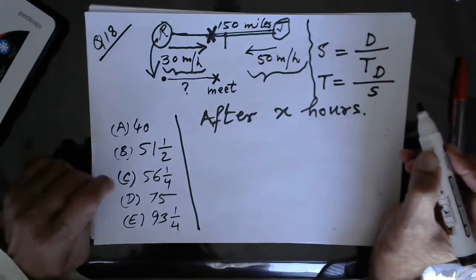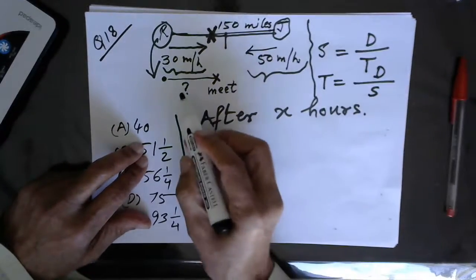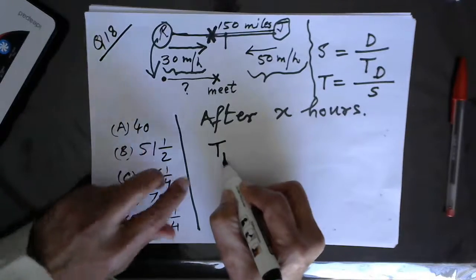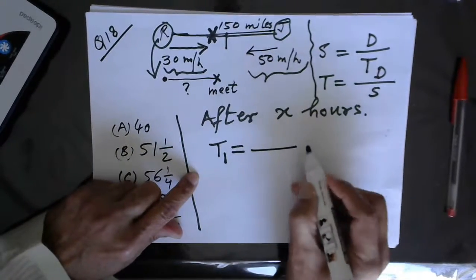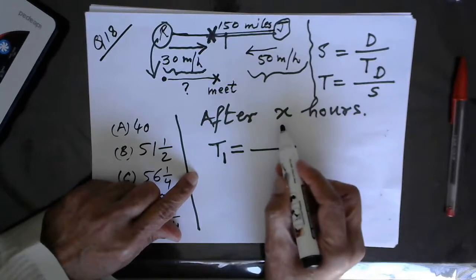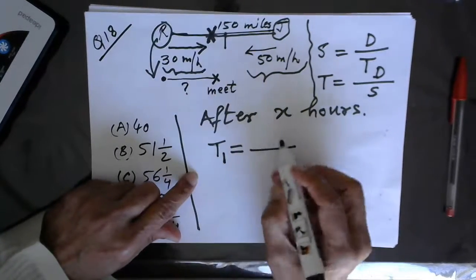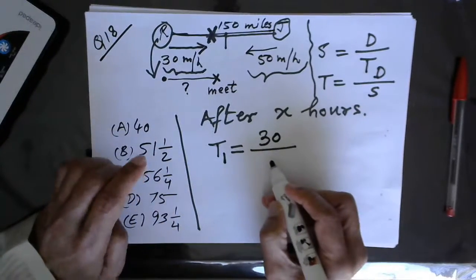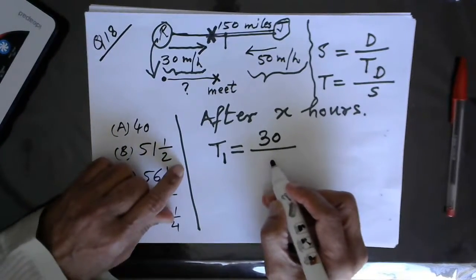Okay, so let us find the time for Mr. Ray. That time, let me call it T1, will be equal to how much he has traveled: x miles. So this will be x divided by, what is the speed? The speed is 30 miles per hour.